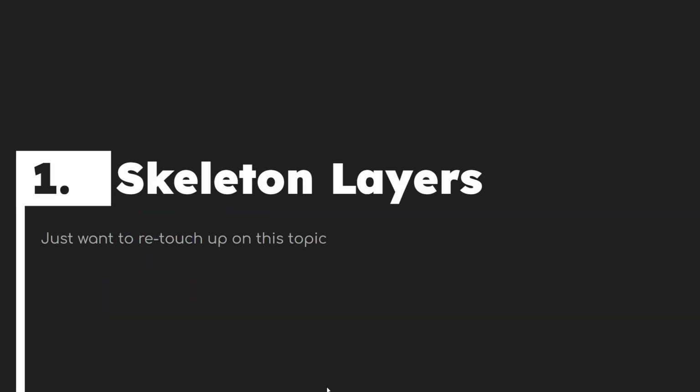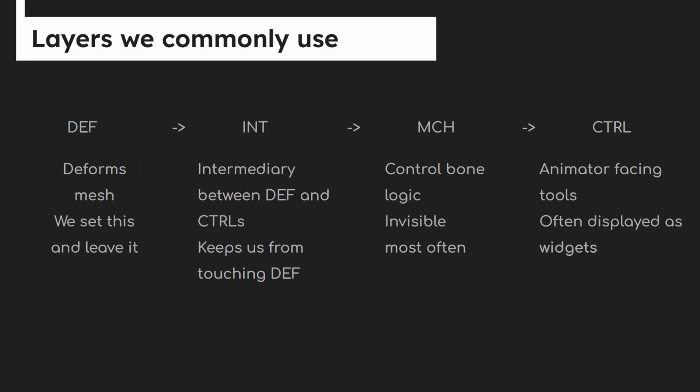So just to recap, I wanted to talk again about skeleton layers. This is the sequence of bones that we are learning in this course, starting with, of course, the deformation bones, which are deforming the mesh. We set these, we leave them.